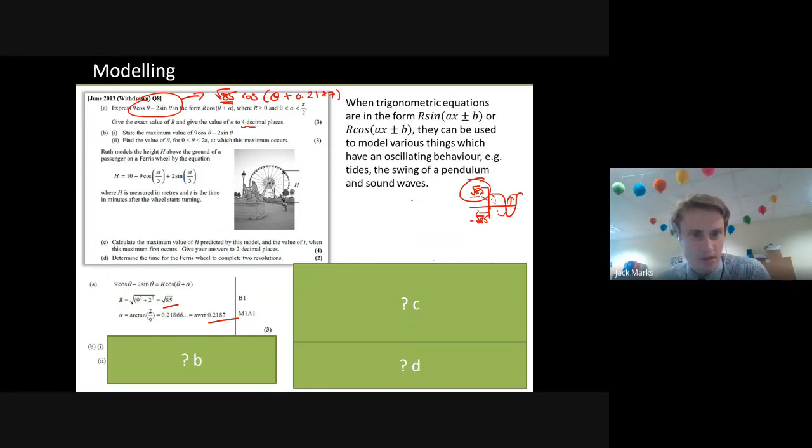One way that you can solve this is by doing an equation. So you can say root 85, that is the maximum height, is equal to root 85 cos of theta plus 0.2187. What I'm saying here is: when is the graph equal to the maximum value? Well, you can solve this one here.